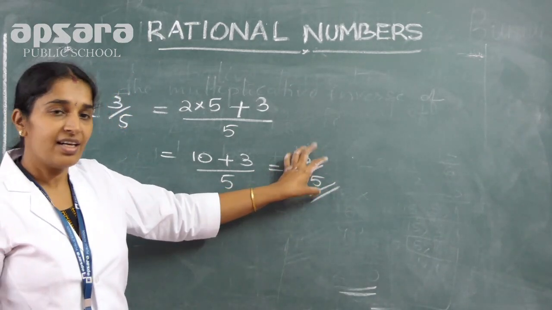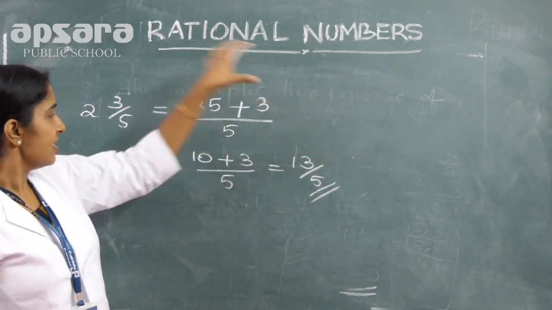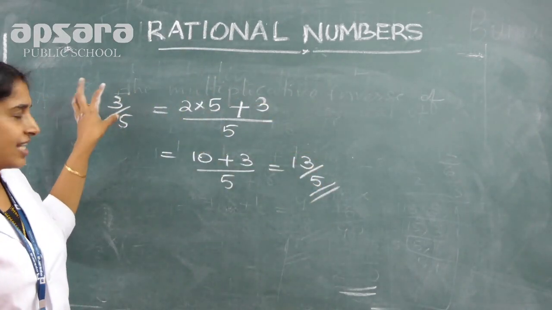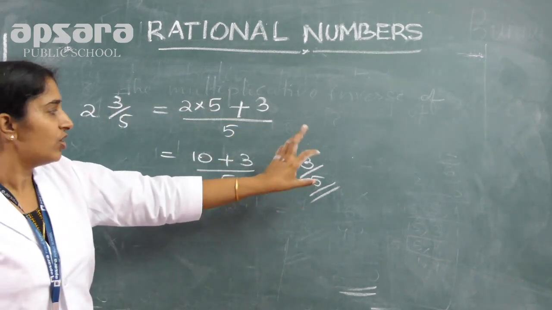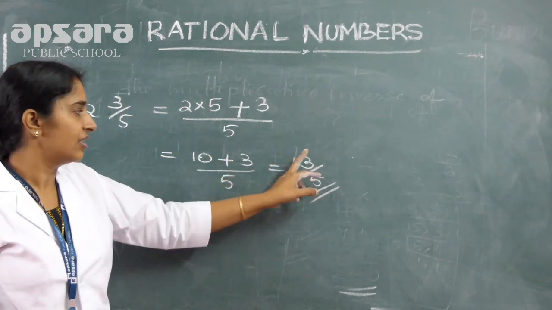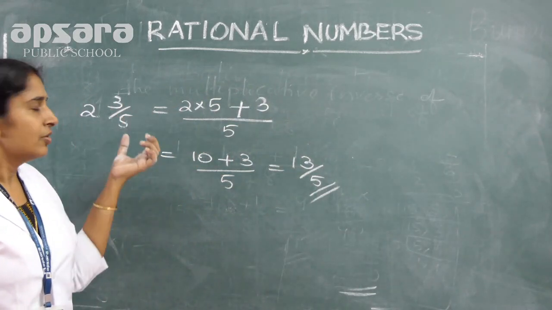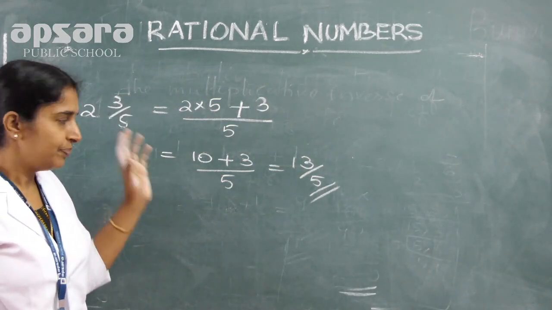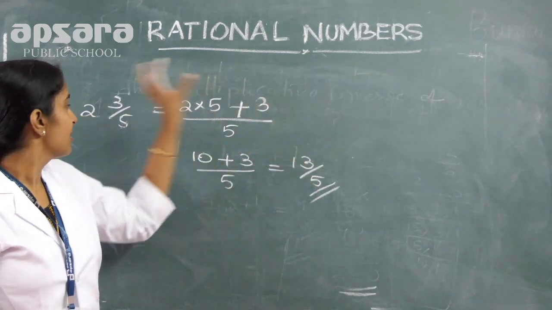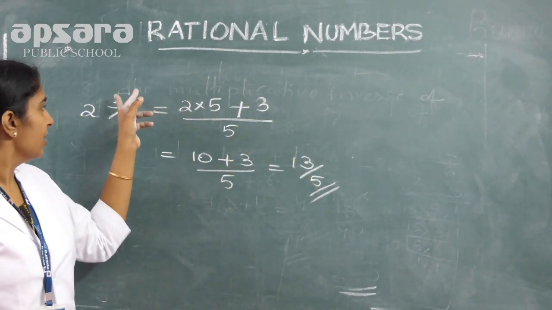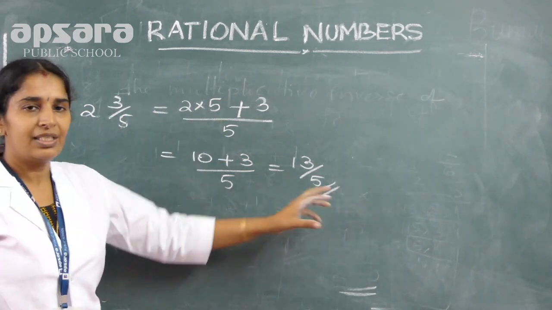Actually, this is the improper fraction which is written as mixed fraction in this way. So if you convert this improper fraction 13 by 5 to a mixed fraction, it will be 2 3 by 5. Okay? But how will you obtain this 2 3 by 5 from 13 by 5?